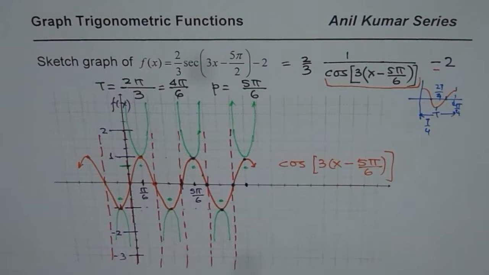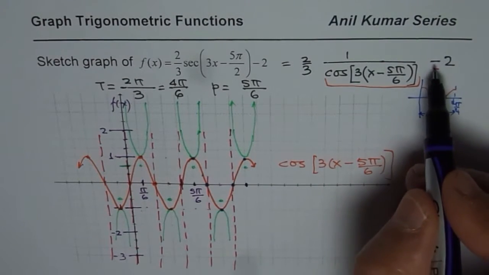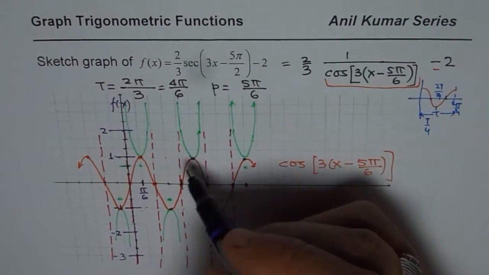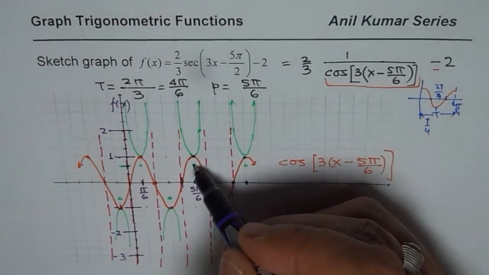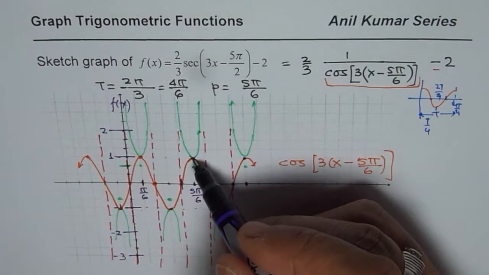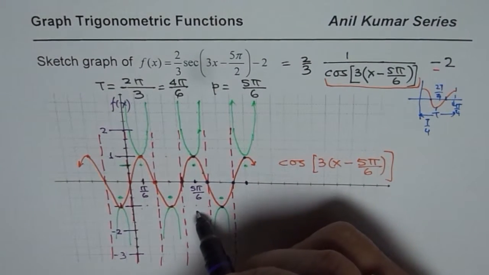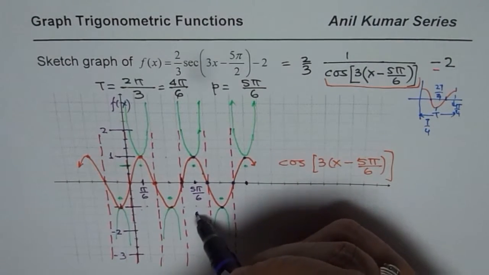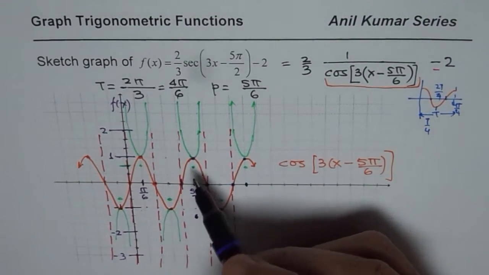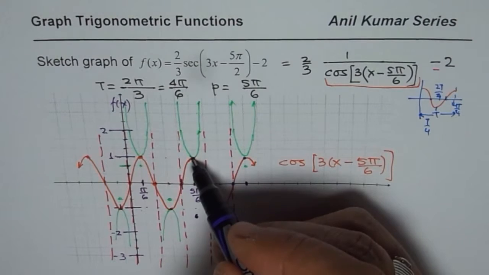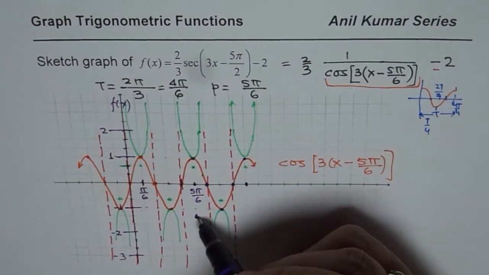Correct? And the second part to this is that I have to translate 2 units down. So if I do 2 units down, right, 1 unit and then one more unit. So this point comes here. Do you see that? So that becomes your minimum point for this particular function.